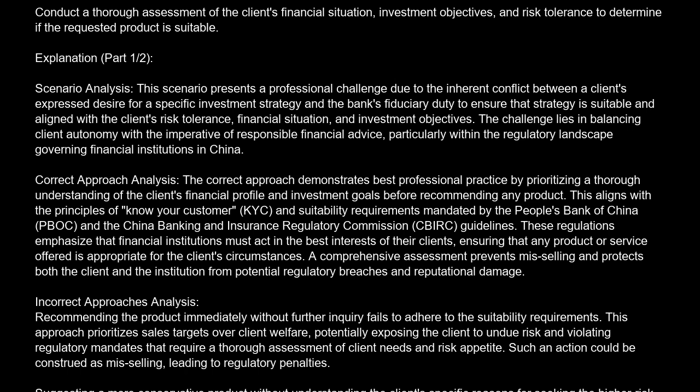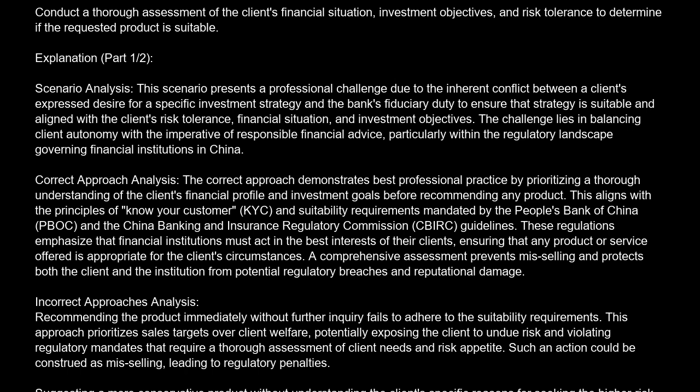These regulations emphasize that financial institutions must act in the best interests of their clients, ensuring that any product or service offered is appropriate for the client's circumstances. A comprehensive assessment prevents mis-selling and protects both the client and the institution from potential regulatory breaches and reputational damage.